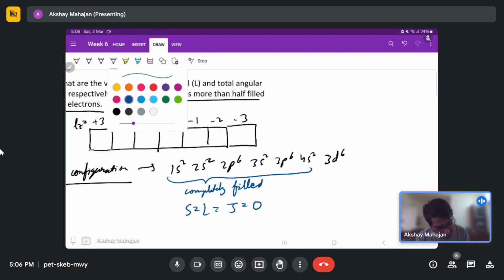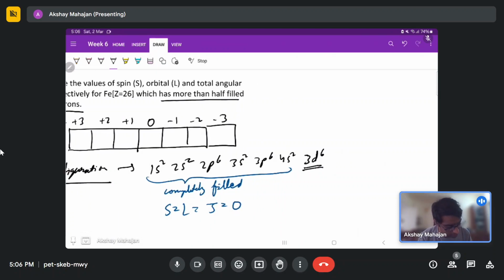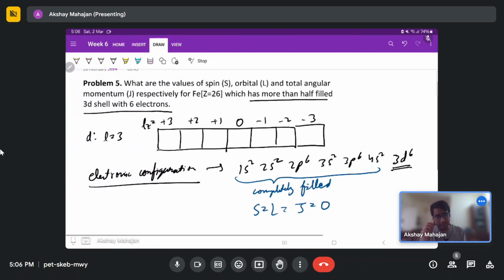So to find the total L, S, and J for this iron atom, we only need to take care of the d orbital electrons, and that is what is given in this problem as well.